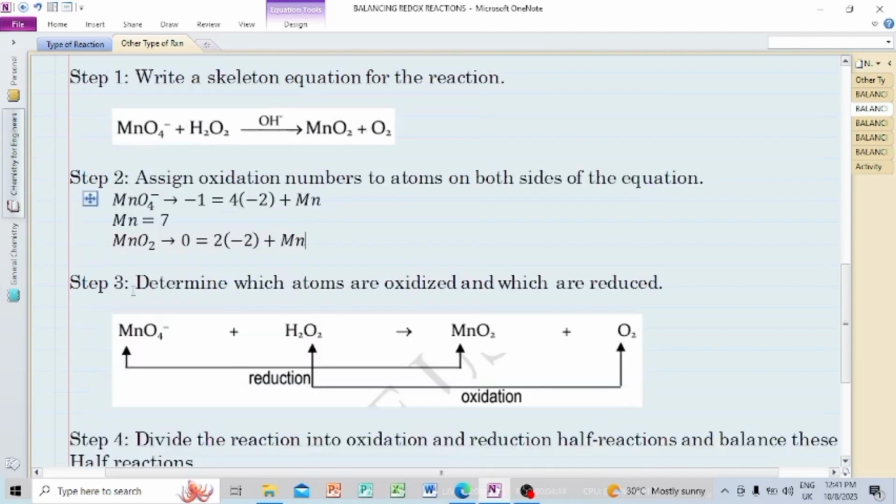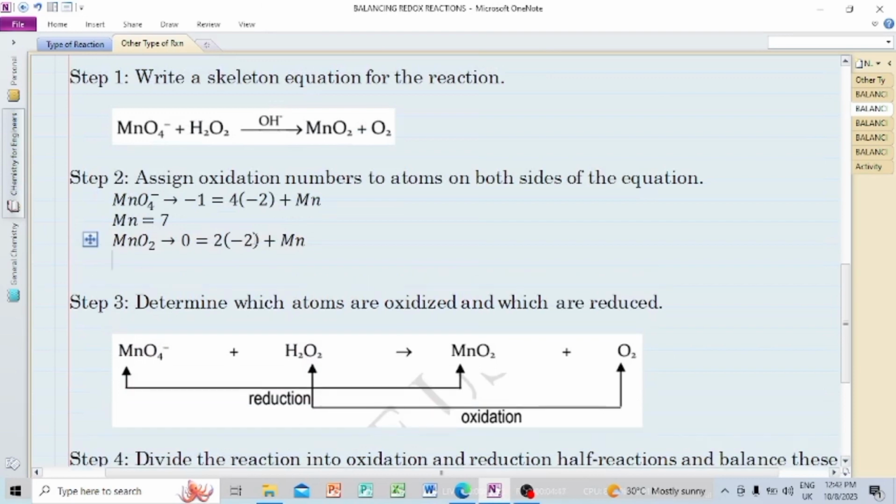The oxidation number of Mn would be 4, because -4 plus 4 is equal to 0. So on the reactant side we have Mn equals +7, and on the product side, Mn is equal to 4.